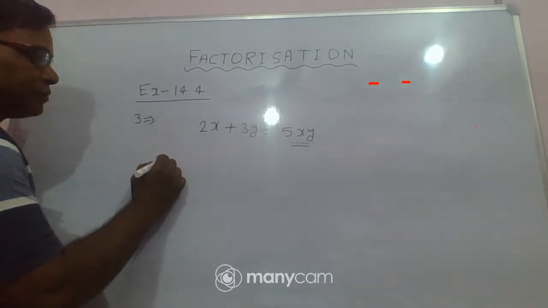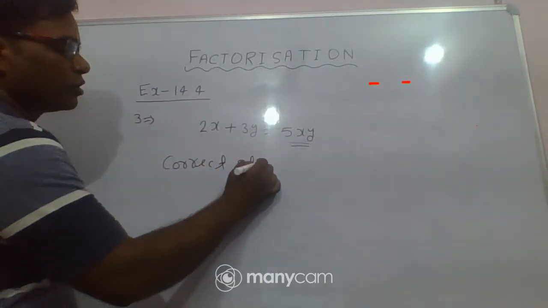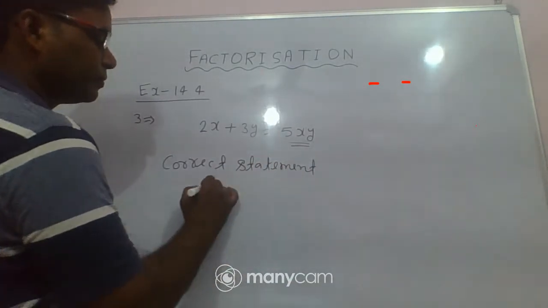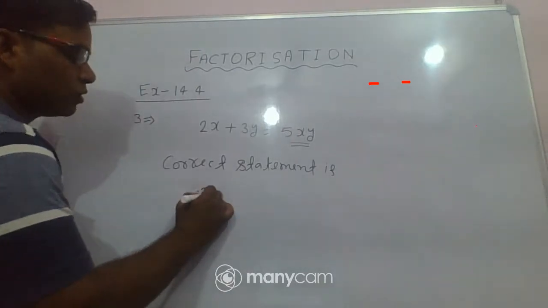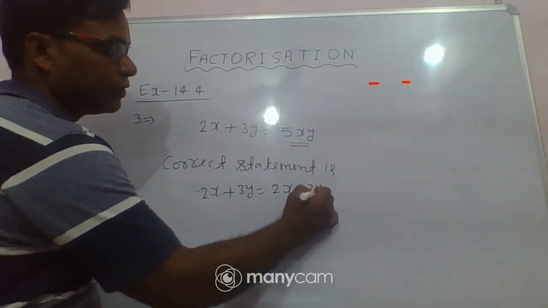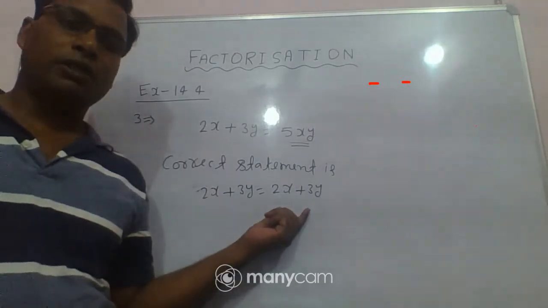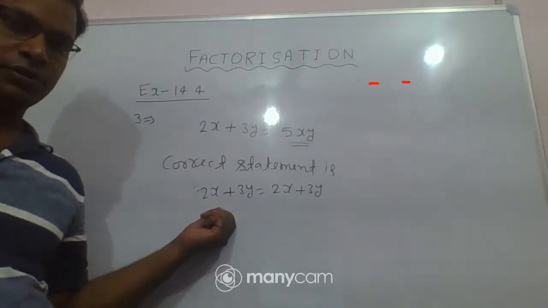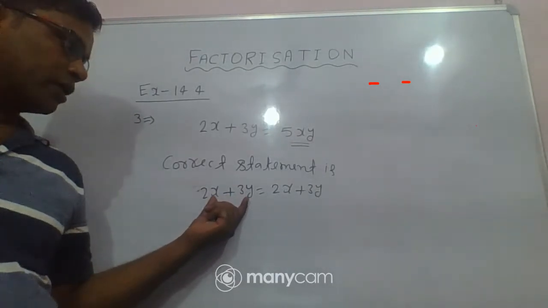So our error is here. The correct statement is 2x plus 3y is equal to 2x plus 3y, because x and y are unlike terms.